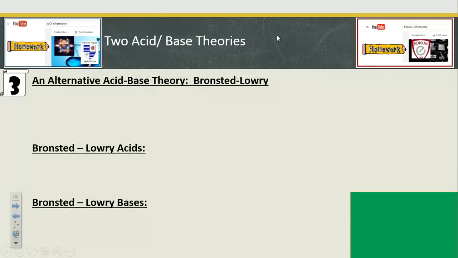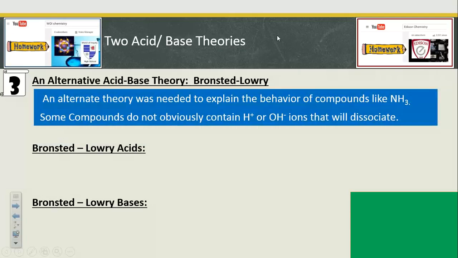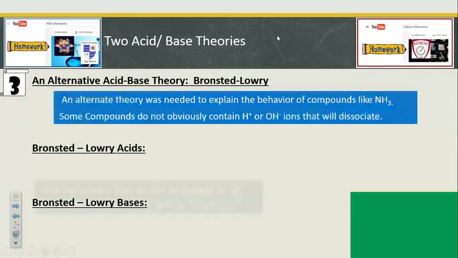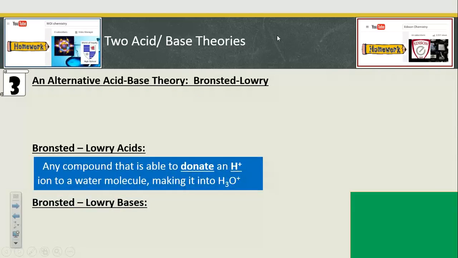The alternate acid-base theory is Bronsted-Lowry's theory, and that's why this theory was created, because aqueous ammonia was known to be basic, but they couldn't explain why. Some compounds do not obviously contain H plus or OH negative, so this explanation was created. In Bronsted-Lowry, the alternate acid-base theory, acids donate H plus to a water molecule, making the H3O plus.